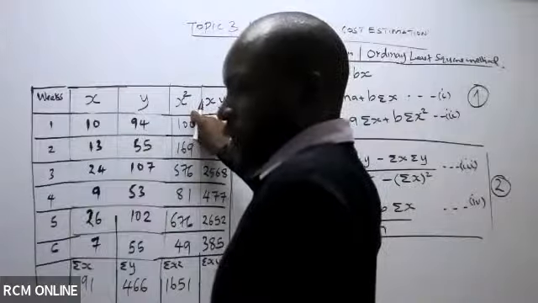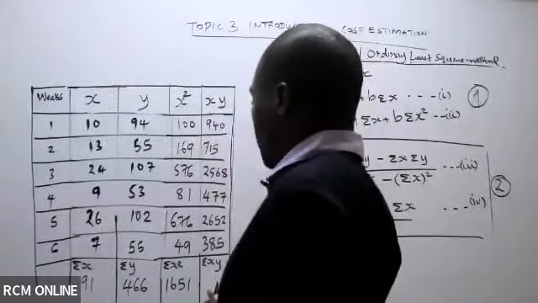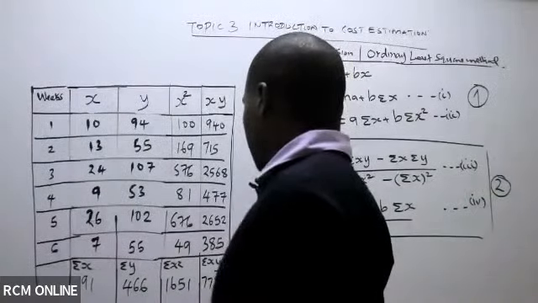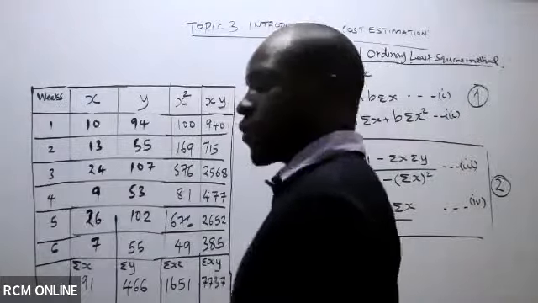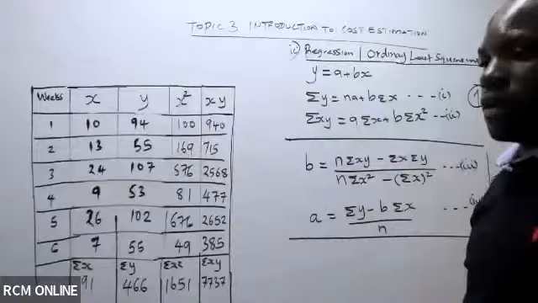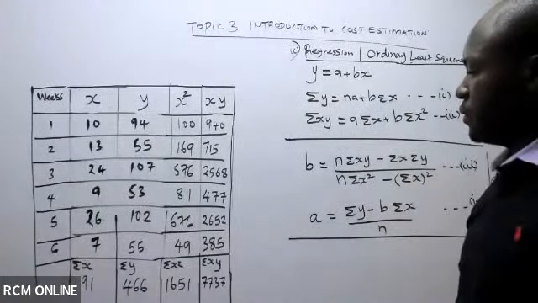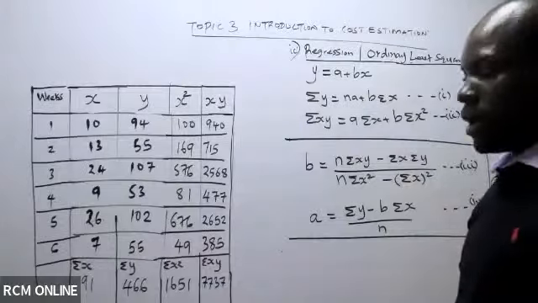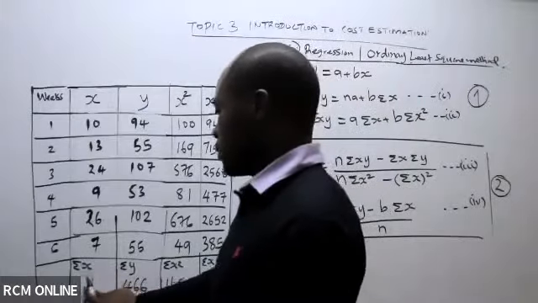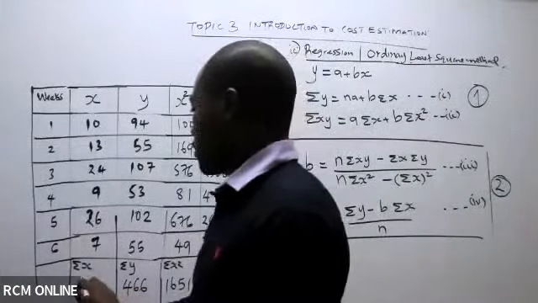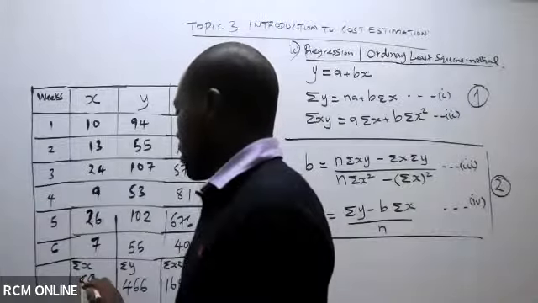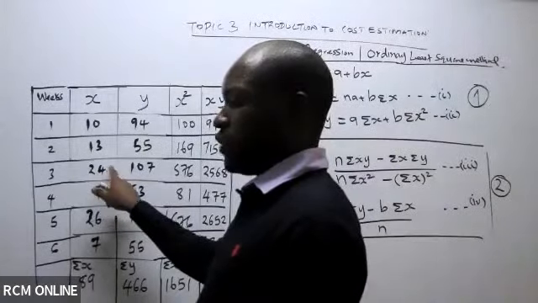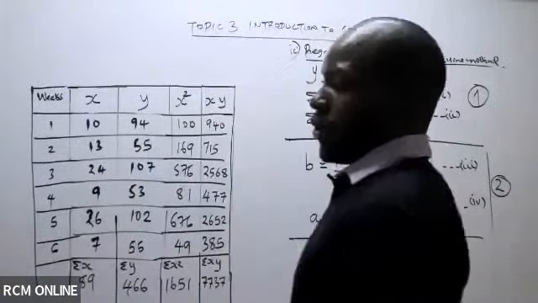X squared, 1651, good. How about xy? 7737. Good. But summation of x, what? Something is wrong, right? X is equal to 89, not 91. Unless someone forgot and put in 26, but it was 24. Good. So are we okay with that?